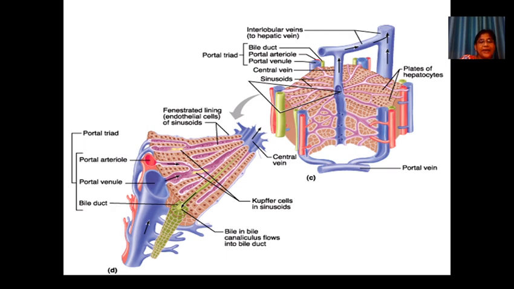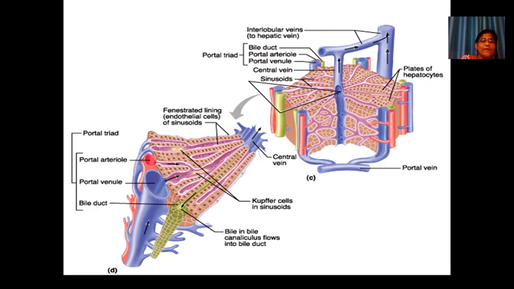So this green canal between two hepatocyte columns is known as bile canaliculi, and one of the functions of the hepatocytes is producing bile. The cells produce bile into canaliculi, and this canaliculi flows from center to periphery into the bile duct.